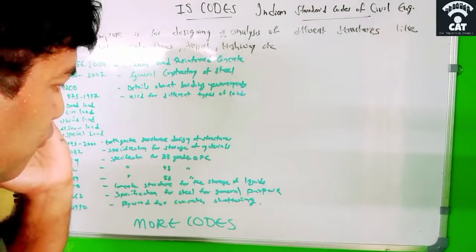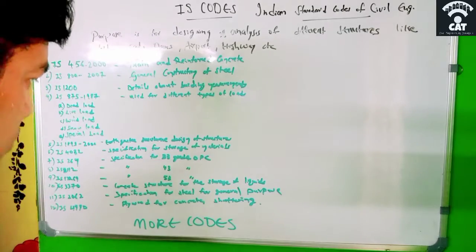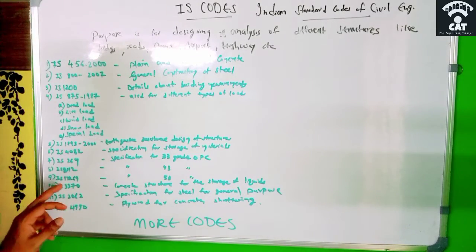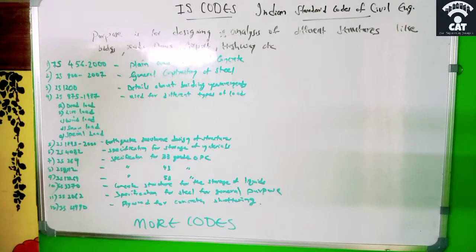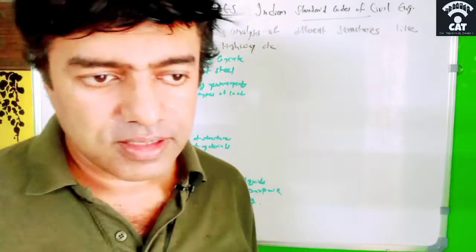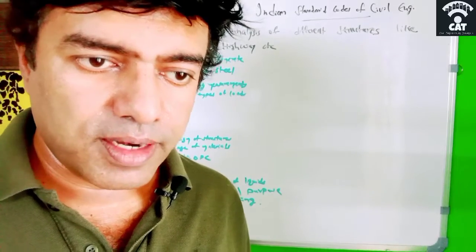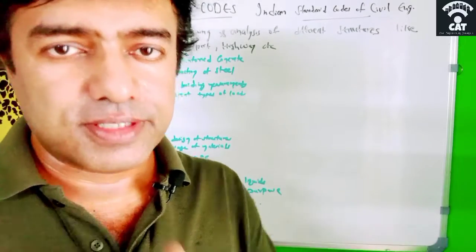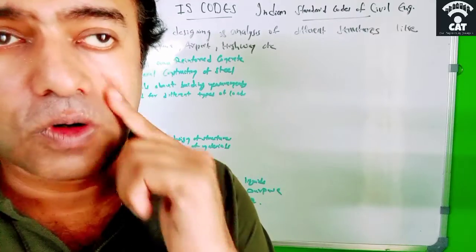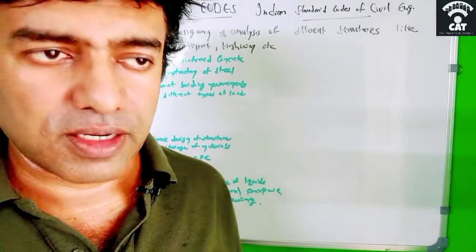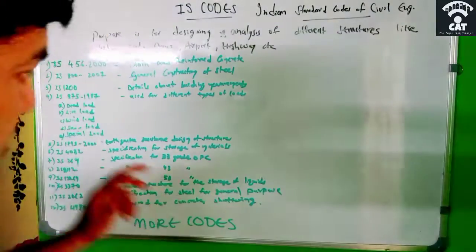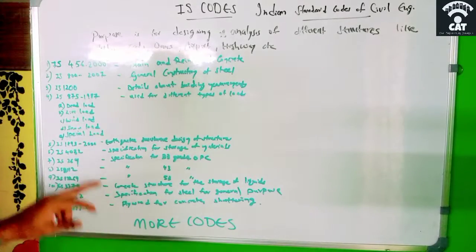Specification of 53 grade is in IS 12269. So for a particular grade, say 53, how much the setting time is, how much water should be added, all the properties related to that grade are dealt with in these three codes.